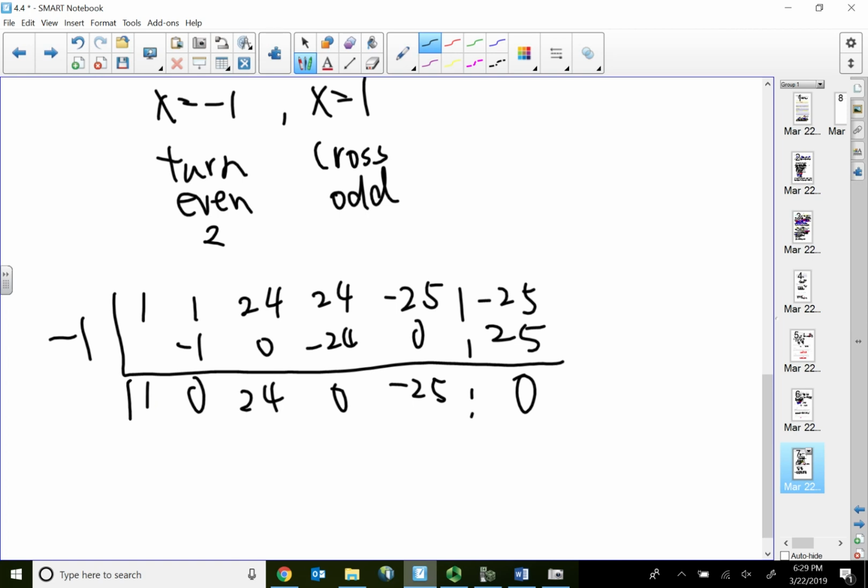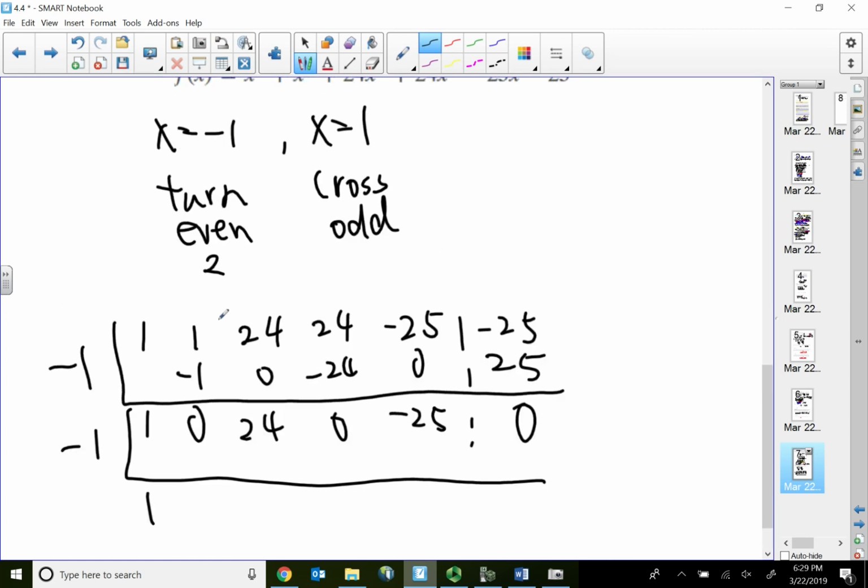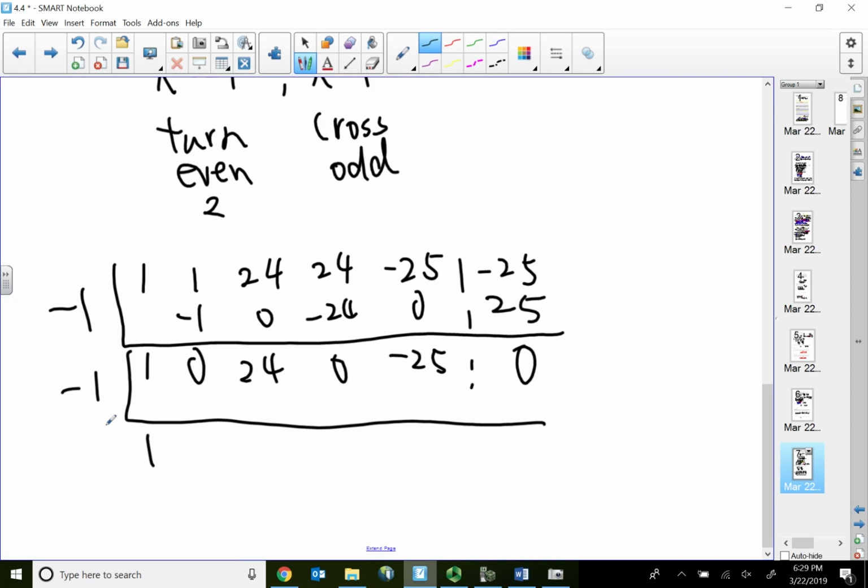I'm going to use negative 1 one more time, since I'm assuming there are 2 of those negative 1s, that the multiplicity is 2. So I got 2 of the same zero. Negative 1 times 1 is negative 1, add them up, that's positive 1, that's 25. That's negative 25, add them up, multiplying is positive 25, so that's a 0. That's my remainder.